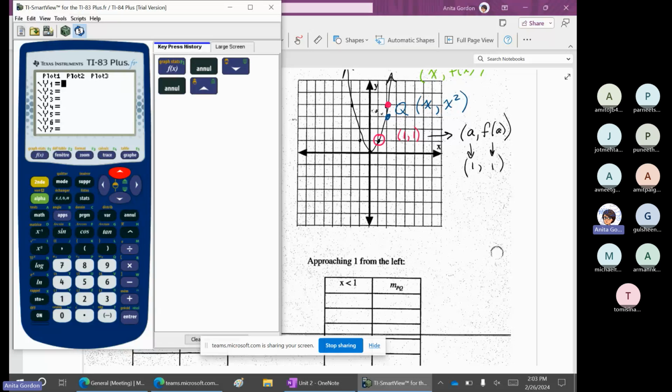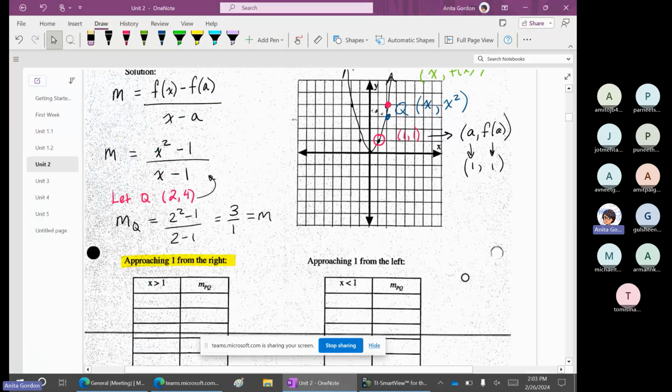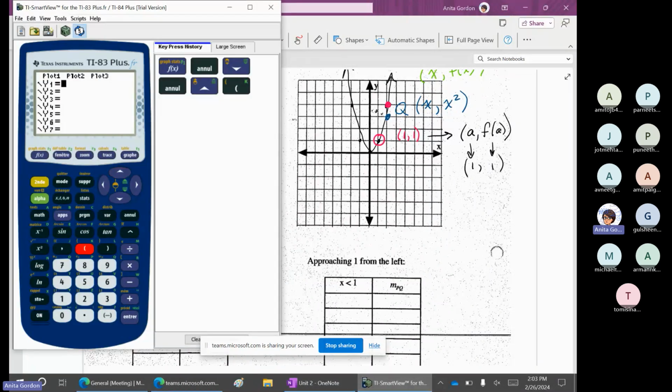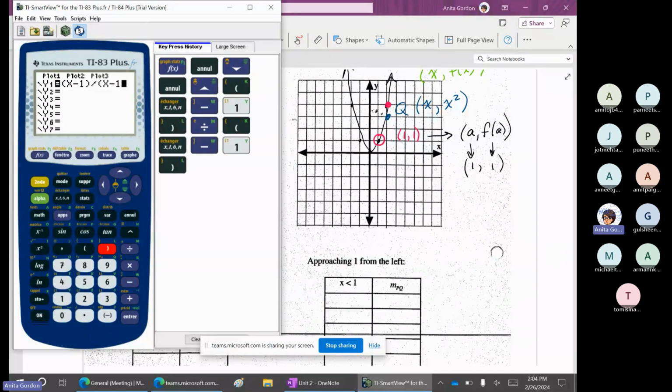And I want you to write the slope equation, this one. Remember your brackets because we have a denominator with 2 things and a numerator with 2 things. (X squared minus 1), close bracket, divided by (x minus 1), close bracket.